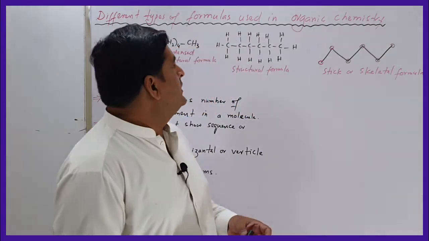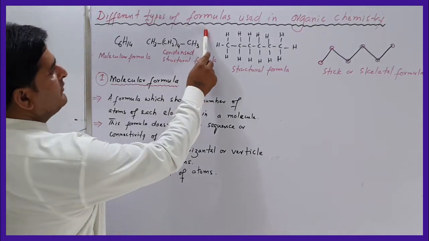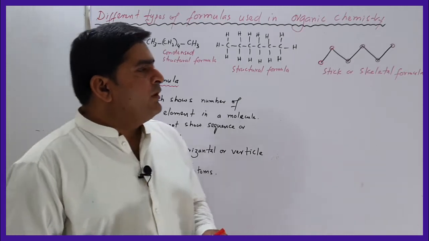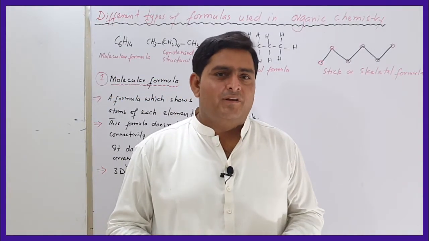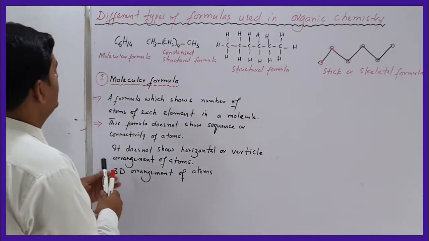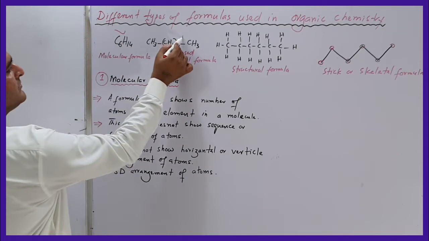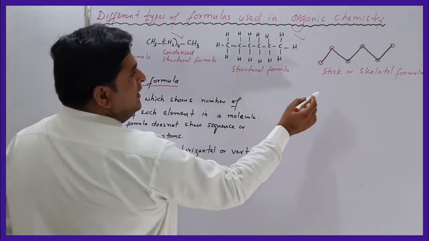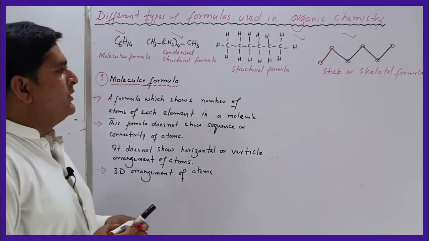So today we will do different types of formulas used in organic chemistry. When you look at the book of organic chemistry, you find molecular formula, condensed structural formula, three-dimensional structural formula, and skeletal or line-angle formula.